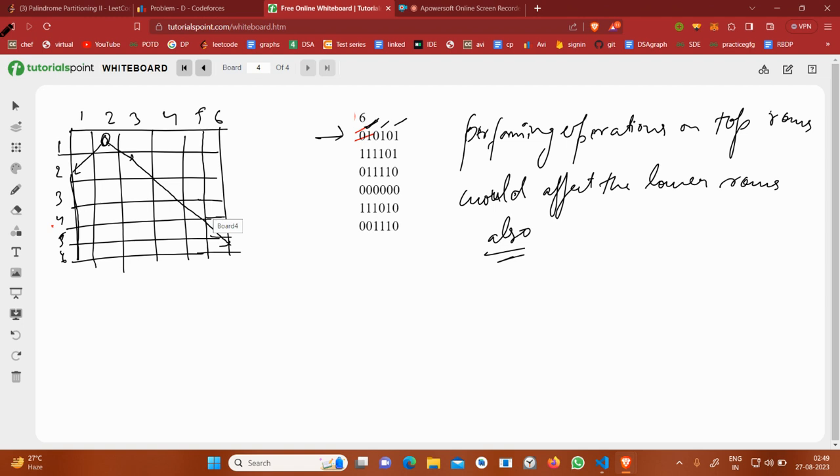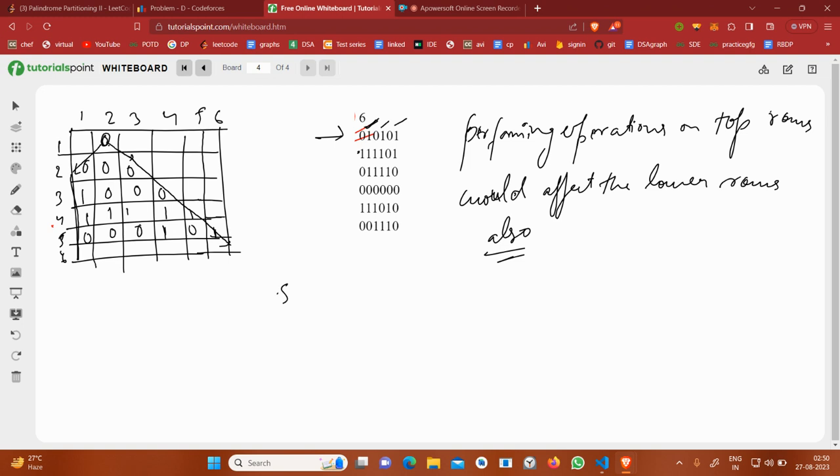Suppose if I just count, so now I can say that this one would become 0, then this also becomes 0, this also becomes 0, 1 0 0 0, or I can say 1 1 1 1 1, then 0 0 0 1 0, and then 1.